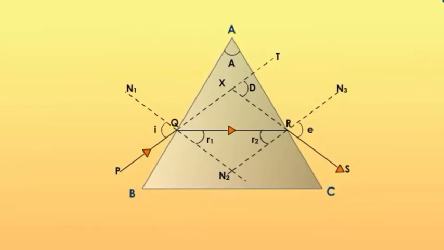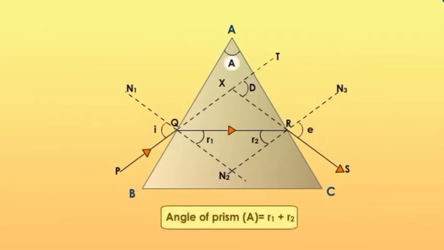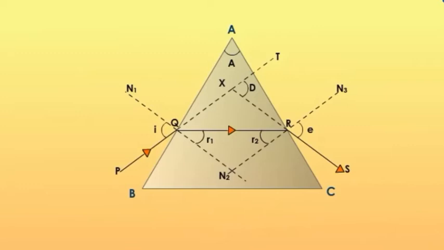And here we obtain a particular angle, that is the angle of deviation or angle of minimum deviation of that prism. Due to the refraction, the incident light ray undergoes a particular amount of bending, and that angle is known as the angle of deviation or angle of minimum deviation for a prism, and normally it is represented with the letter D. On the first surface, the angle between the normal and the incident light ray we can consider as the angle of incidence, and on the emerging section the angle between the emergent light ray and the normal we can consider as the angle of emergence.